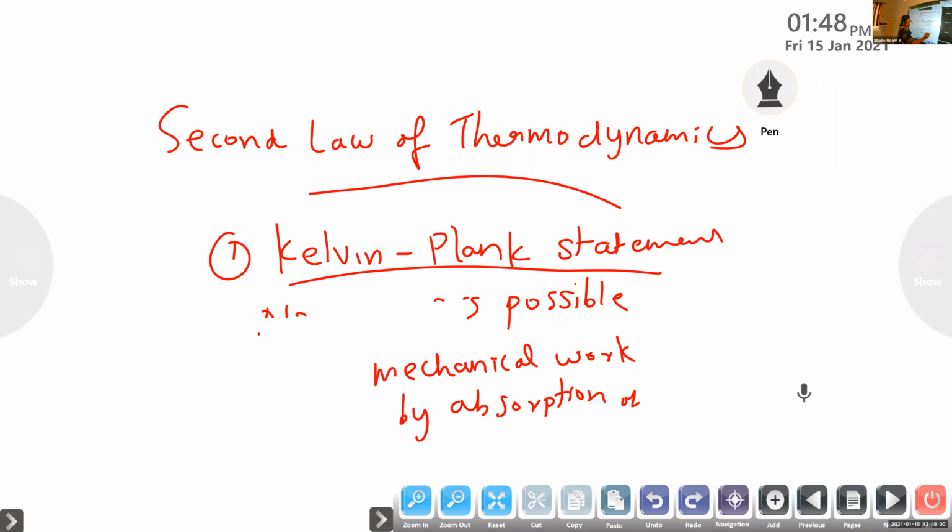That is the Kelvin Planck statement. So it's clear, no? I don't have to give an explanation. We cannot use the full heat energy to utilize for the working of a machine. That is why a machine is not 100% efficient.